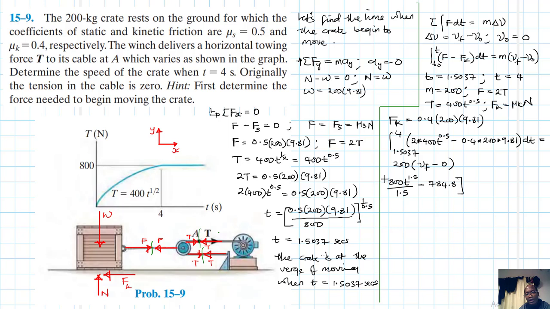We are evaluating this from 1.5037 to 4, and this is equal to 200 v final.